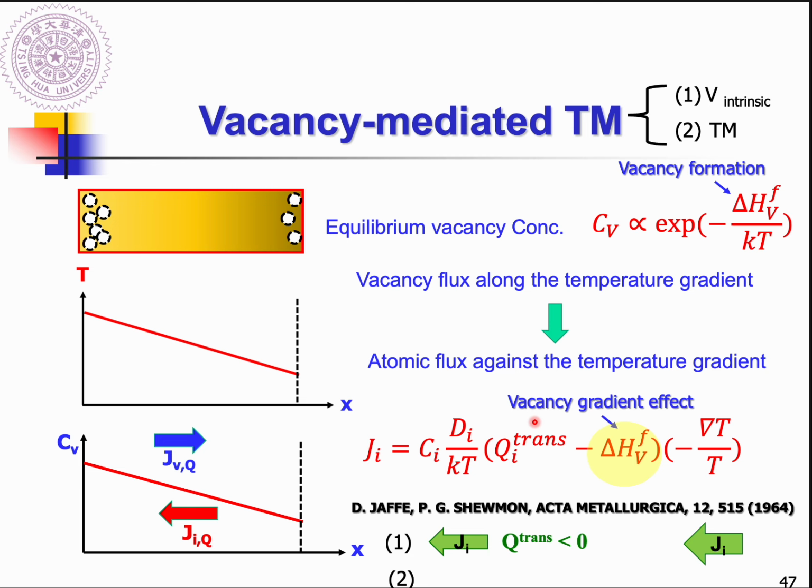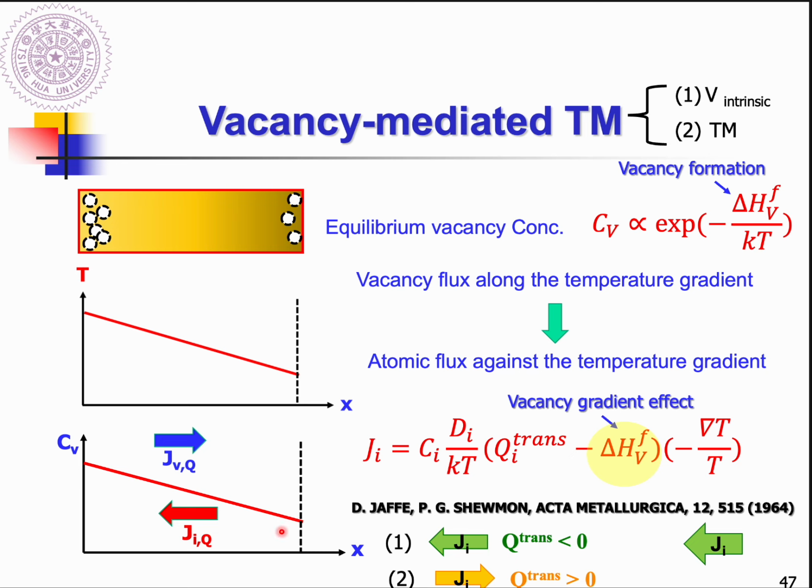But on the contrary, on the other hand, if the heat of transport of this diffusing substitution of atoms is positive, which means what? Which means the atoms be pushed from the high temperature toward the low temperature, so the atomic flux will go to the right-handed side. But if the material we choose is vacancy mediated one, it will have this kind of flux toward the upside direction.